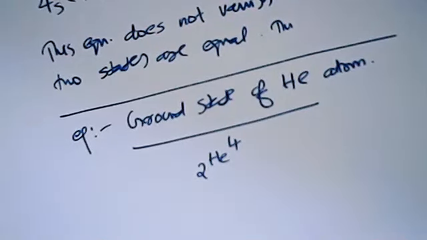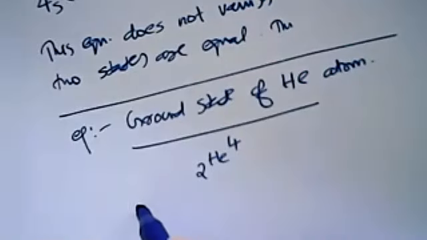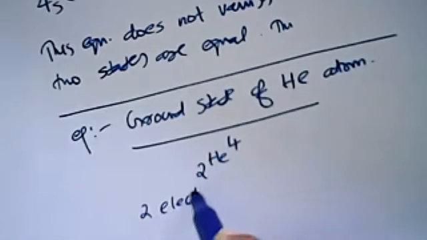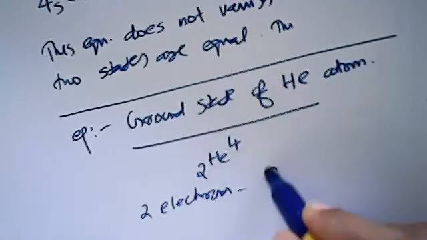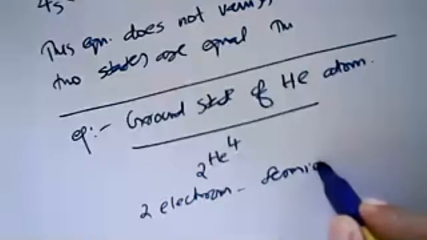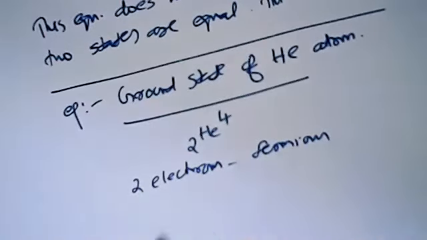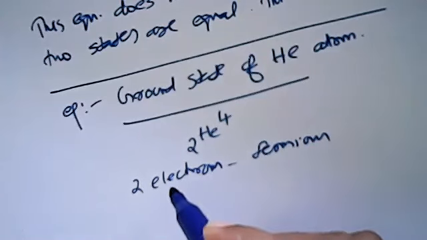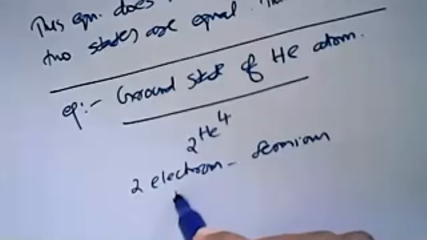So the helium atom consists of 2 electrons only, and they are fermions. Electrons are fermions. The total resulting wave function should be antisymmetric.